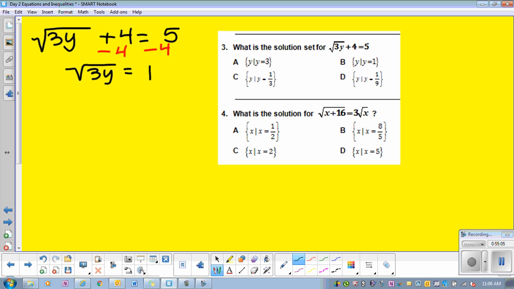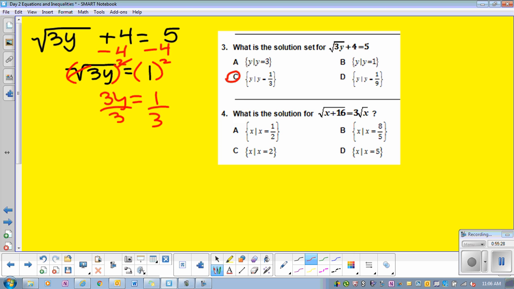Square it. 3y equals 1, divided by 3, so y equals 1/3.